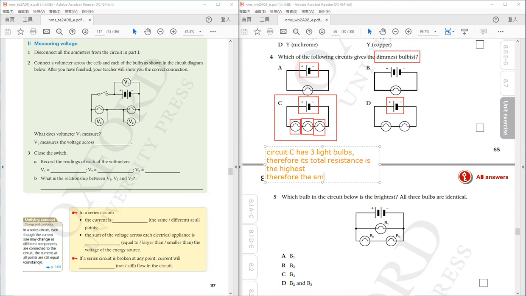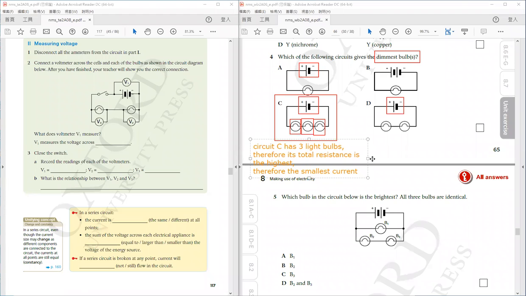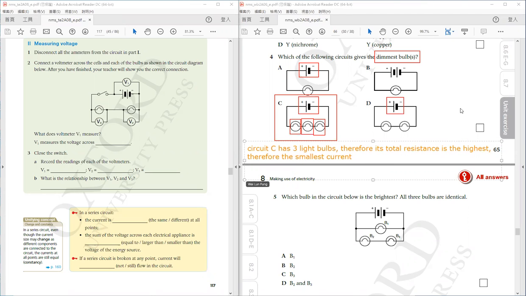Therefore, the smallest current. Okay, so with the smallest current in the wire, the light bulb is the dimmest.